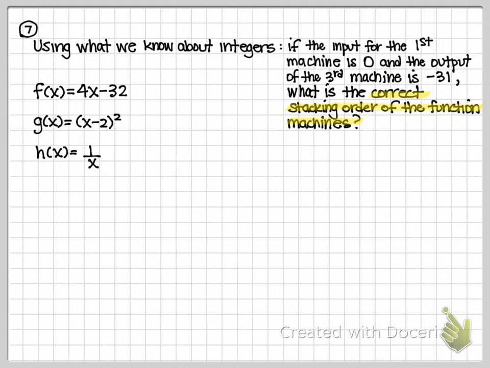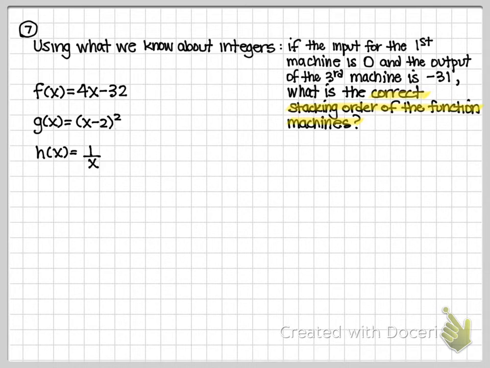Here we are, the exact same 3 functions. We have already eliminated which one of the functions could not go first and which ones could not go last. Now we're going to actually try to find the correct order. Let's make a little note to ourselves here.